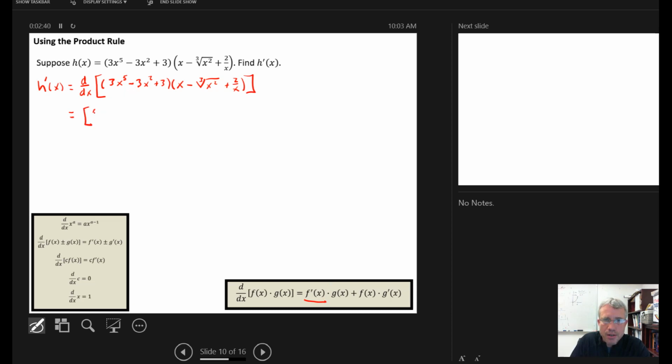So take d dx of the 3x to the fifth minus the 3x squared plus 3. And then once you've taken that derivative, multiply it by the second function, which is going to be this 3-term expression right here. So times x minus the cube root of the x squared plus the 2 over x.